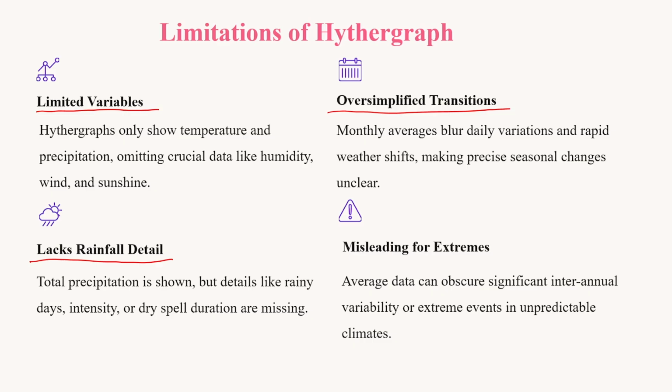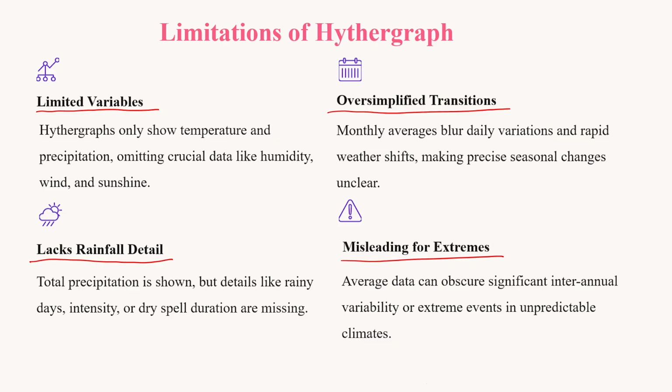spells. The fourth limitation is that it can mislead us during extreme conditions. As you know, in mountainous regions we sometimes witness cloudbursts. During this type of situation, when we prepare average rainfall, we do not know how we received so much rainfall in this period.